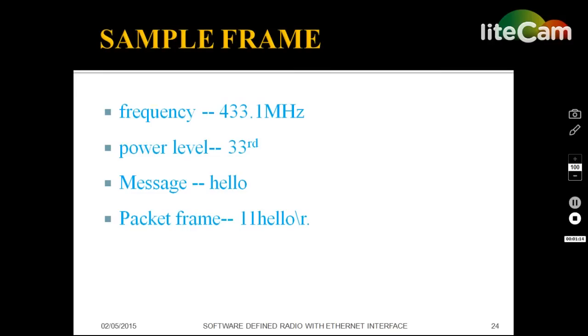If you select 433.5, then the number will be 3. For power level also, we have 3, 33, and 63 levels. If you select the third level, the value will be 0, and for the 33rd level, we take the value 1. Then comes the message, and then the carriage return.